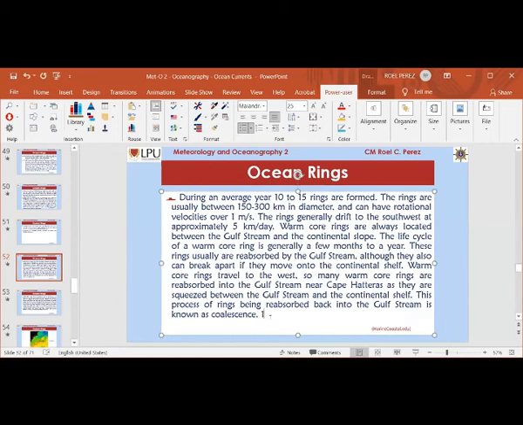Okay, one knot is equal to 0.514444 meters per second. So from knots to meters per second, just multiply by this value, then you will get meters per second.